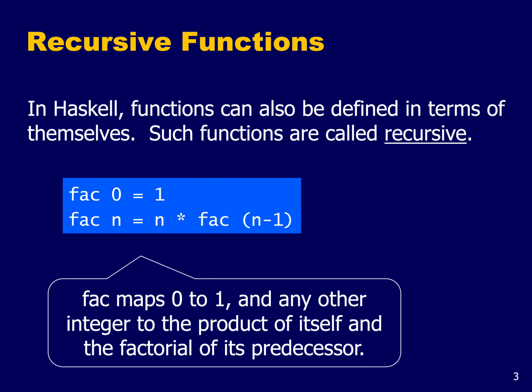Each time this recursive function calls itself, the parameter gets 1 smaller until it eventually reaches 0, and then you get back the result 1. So, a simple two-line recursive definition: one base case, factorial of 0 is 1, and one recursive case that says the factorial of any other number n is n times the factorial of its predecessor.